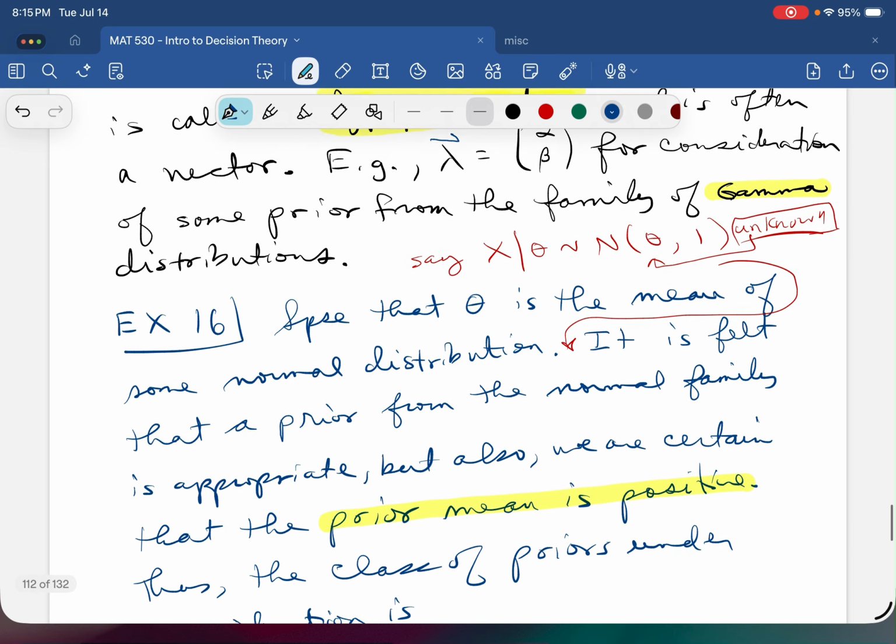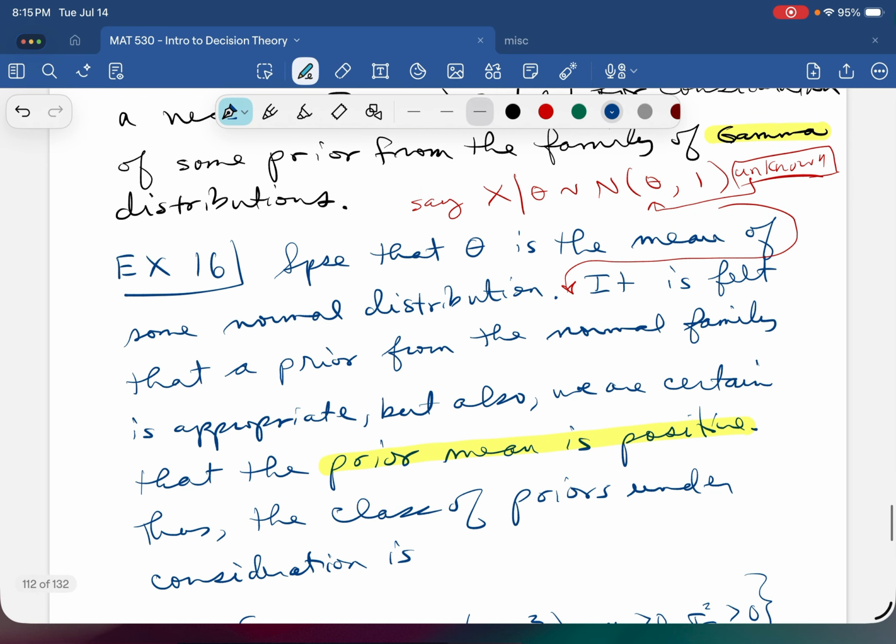So an example of that would be, suppose that theta is the mean of a normal distribution, something like I have here. And so maybe we feel like the prior should come from a normal family, but maybe we also know for some reason that the prior mean is positive.